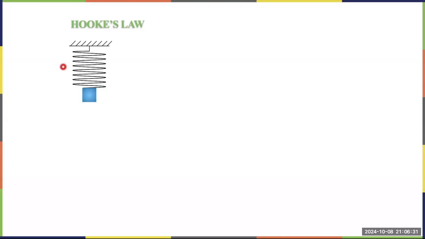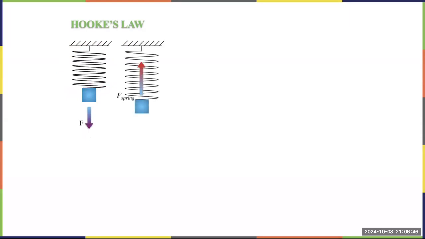For example, in this spring, if I put this mass and pull it down, it will get stretched. But because it has a tendency to maintain its original form, there will be a force acting in the opposite direction to the force that we apply.